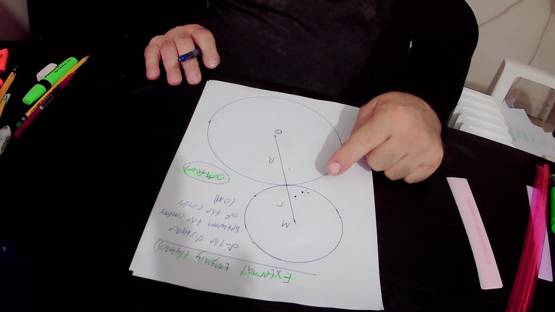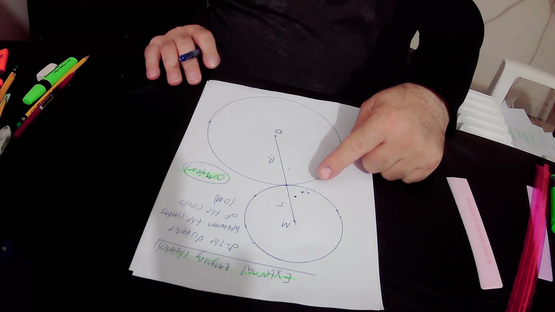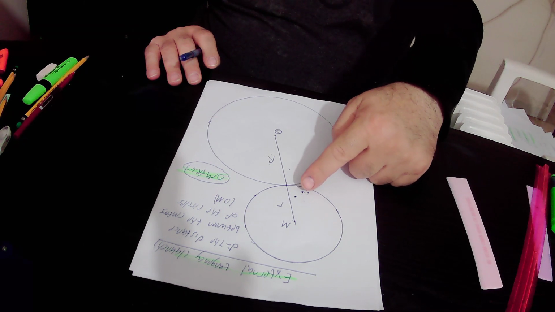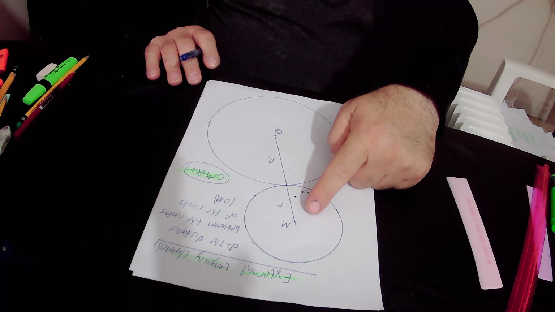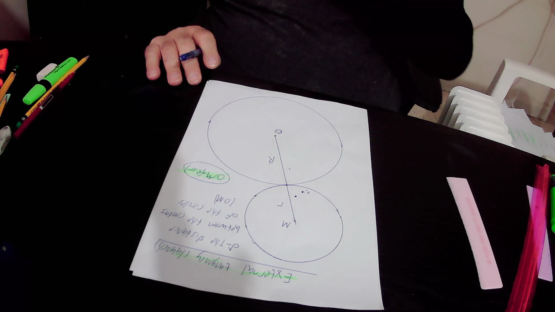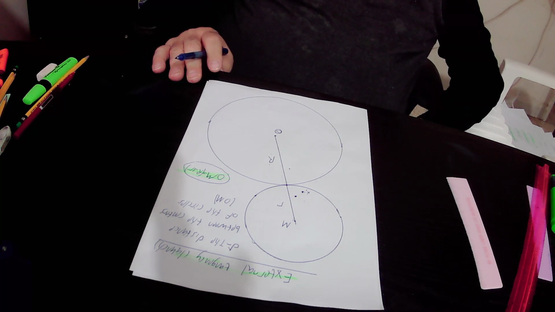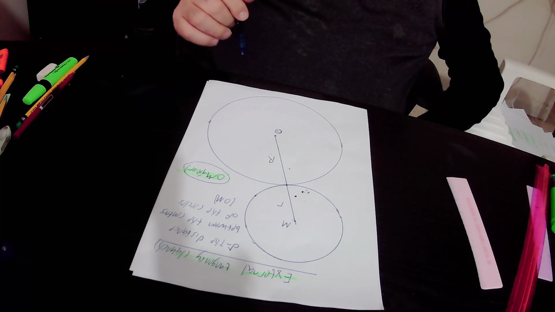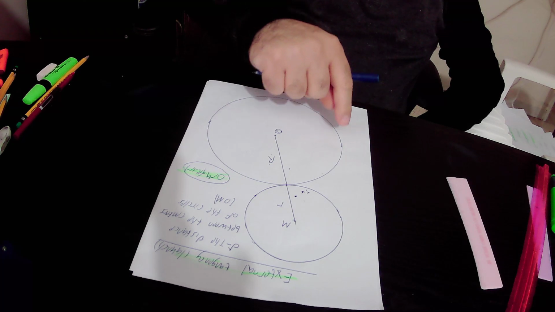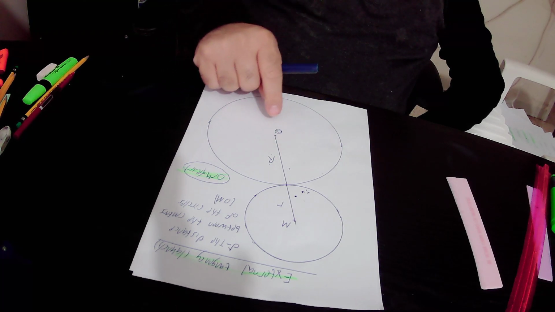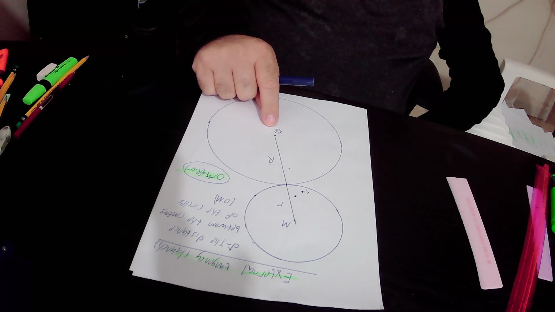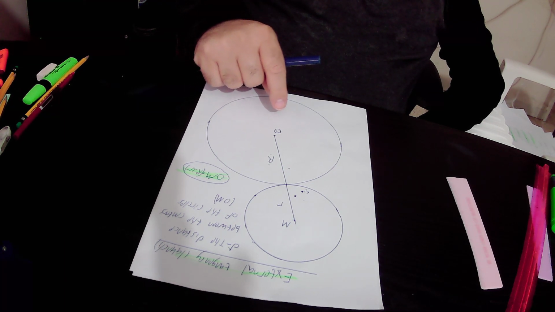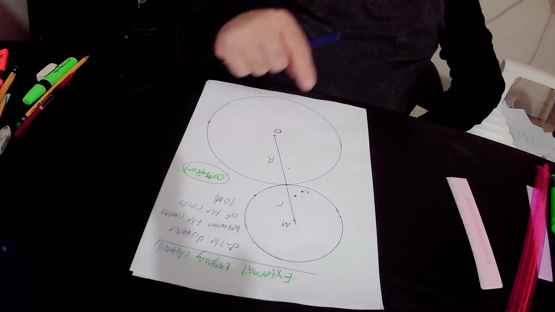We know that the radius of the small circle, this circle, is equal to small r, and the center of this small circle is at point M. And we also know that the center of the big circle is at point O, and the radius of this big circle is equal to capital R.